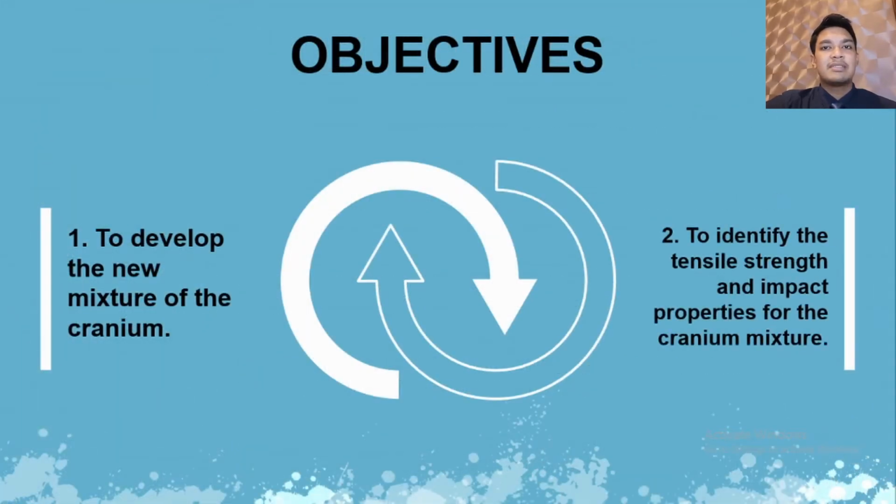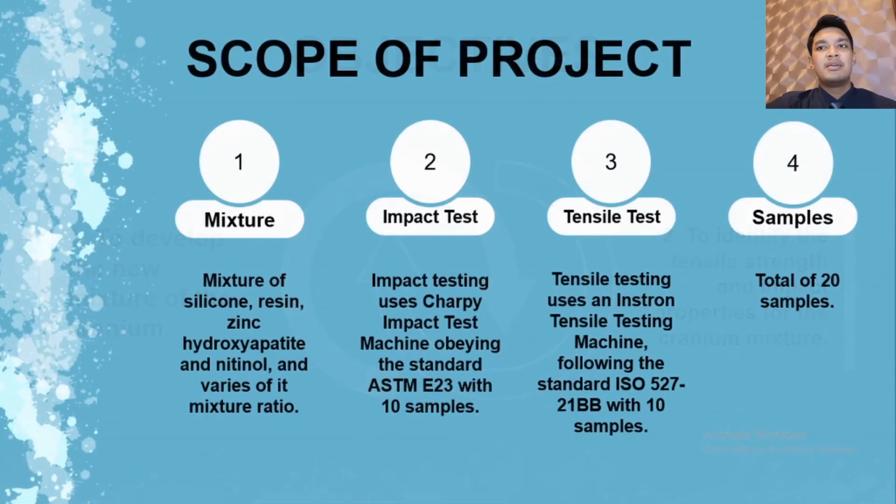The objectives of this project are to develop a new mixture of cranium and to identify the tensile strength and impact properties for the cranium mixture. The scope of the project. The mixture consists of 4 elements, which are silicon, resin, zinc hydroxyapatite, and nitinol.